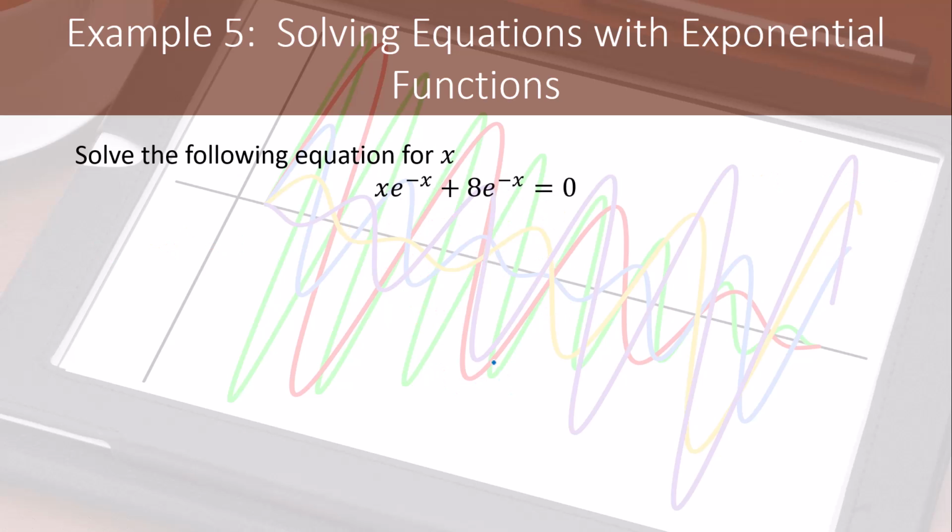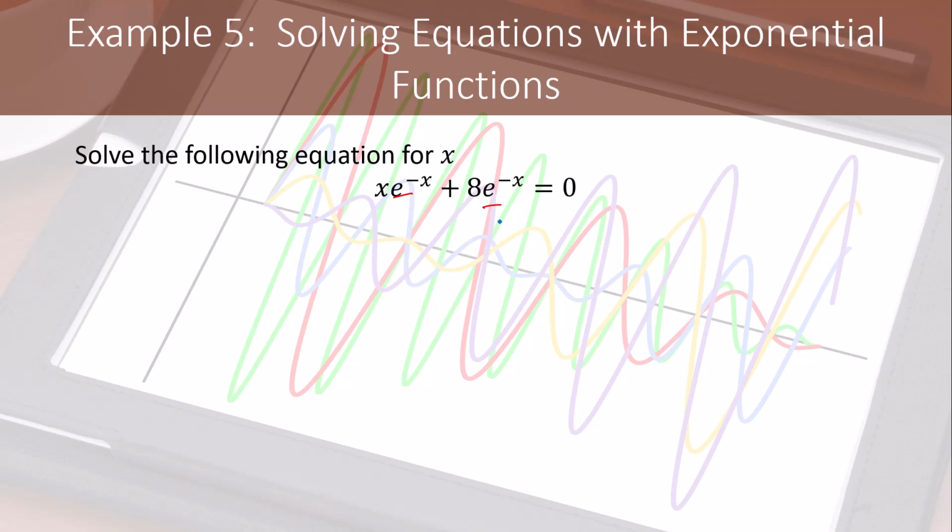And the next one is this one. Solve the following equation for x. Notice here we have x e to the negative x plus 8 e to the negative x is equal to 0. Here we're taking advantage of the fact that the exponential function is never, ever 0. These terms will never equal 0.